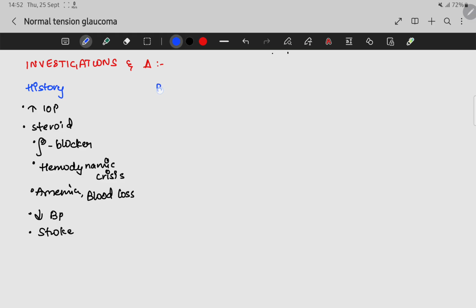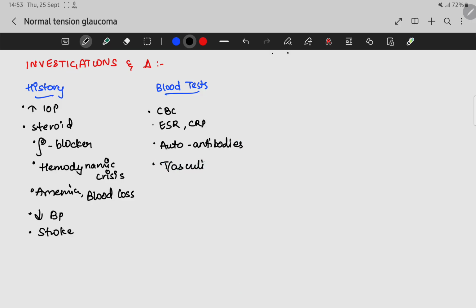Then we have to do some blood tests just to rule out other causes: CBC, ESR, CRP, autoantibodies for immune causes and vasculitis, all these.